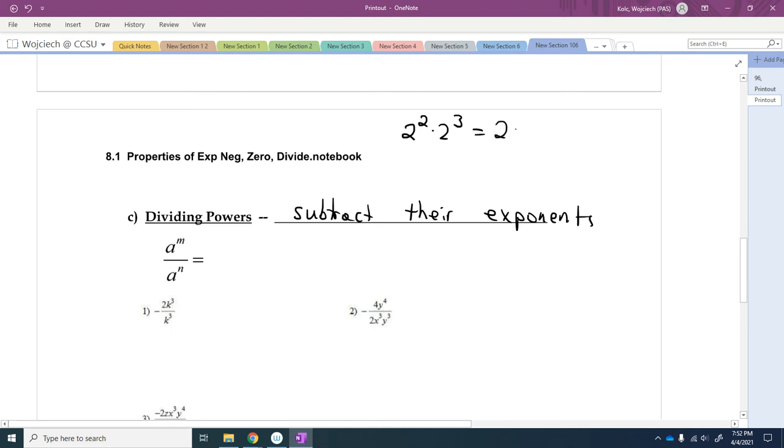So this was 2 plus 3. Okay, so in this case, we will subtract. So the rule is a to the m over a to the n is a to the m minus n.